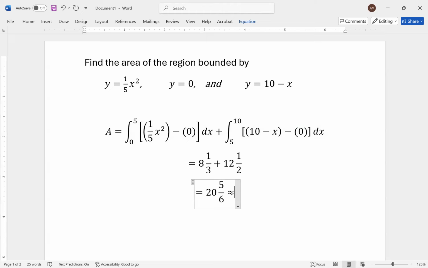If you round that number to 2 decimal places, you get 20.83. Whichever answer is asked for, you can do that. Again, you can do that by hand as well. It's just faster to do with the TI-84 using the definite integral feature of that TI-84.